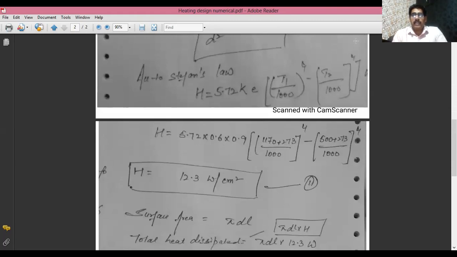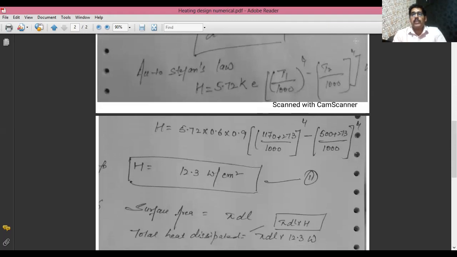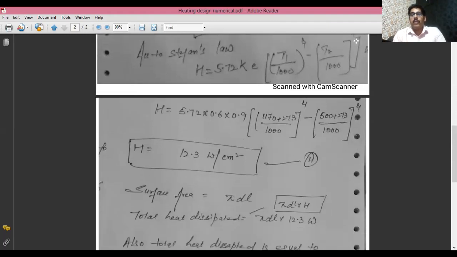The temperature will be 1170 plus 273, upon 1000, minus 500 plus 273, upon 1000. On both sides I substitute the value 273. So here we get H equal to 12.3 watt per centimeter square. This is your equation number 2. I think this equation is also clear to you.